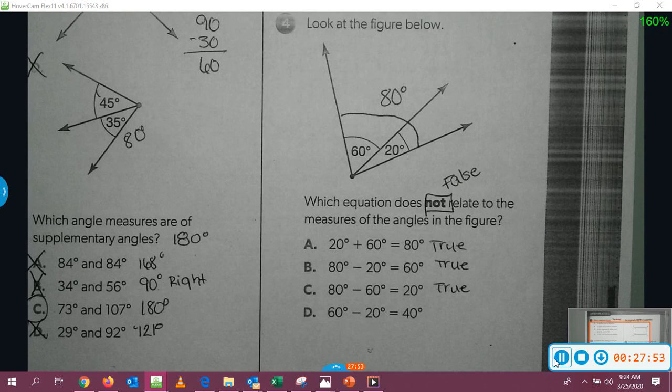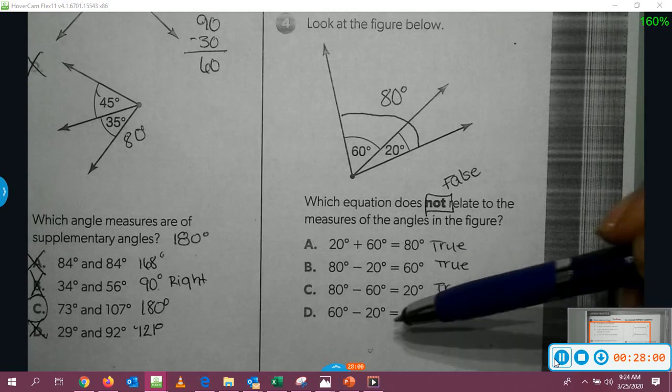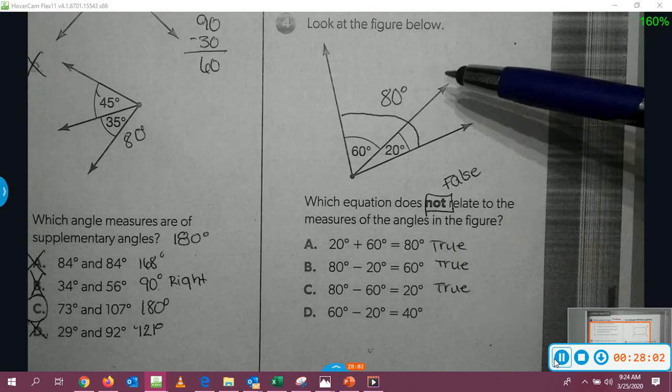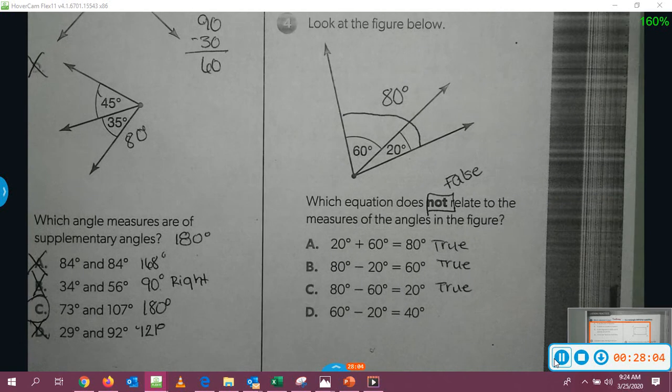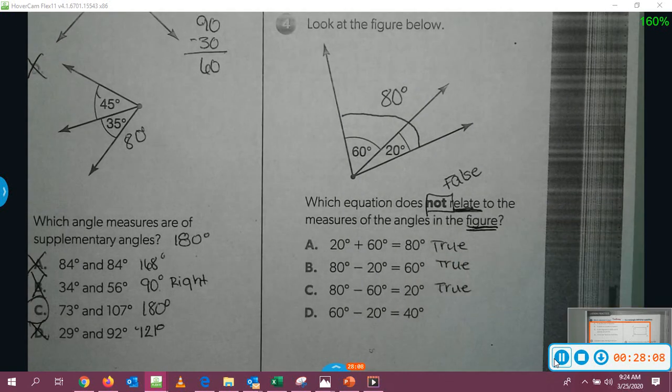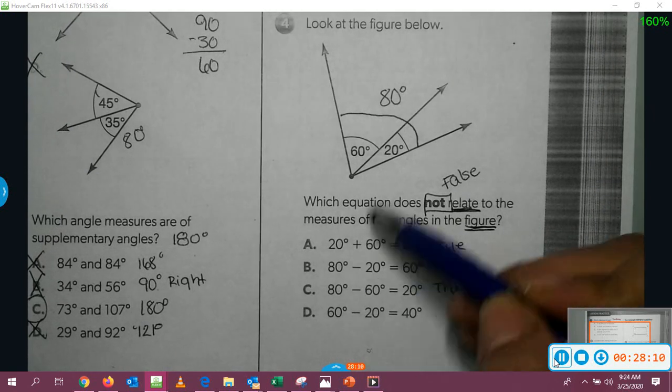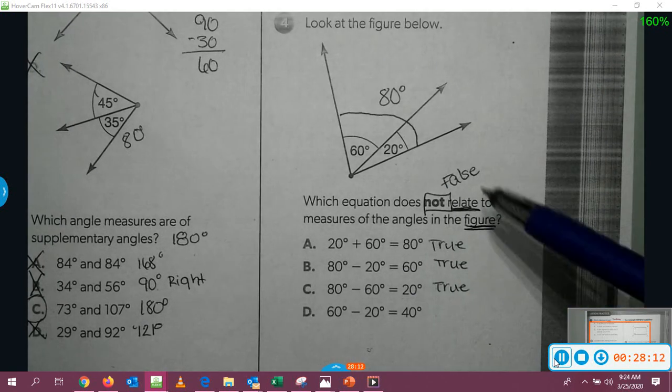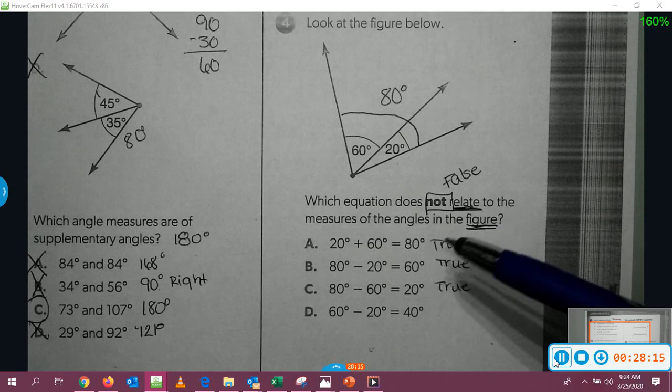Now let's look at this one. 60 minus 20 equals 40. It's a true statement. However, does it relate back to the figure? So 20, 60, 80. I'm thinking you need to find every answer.